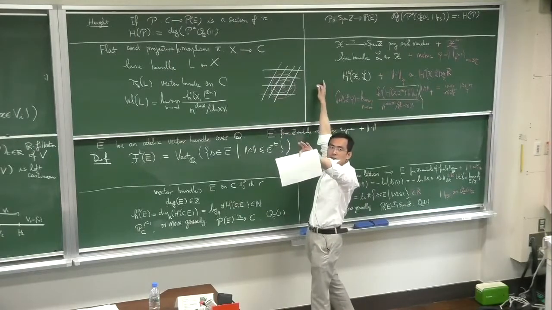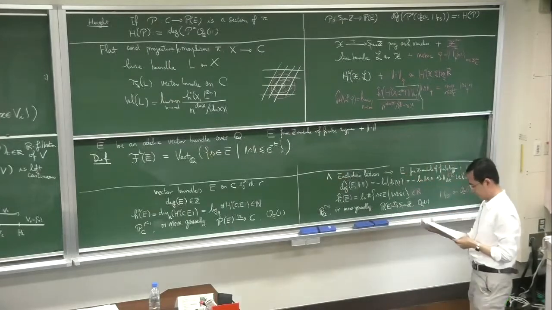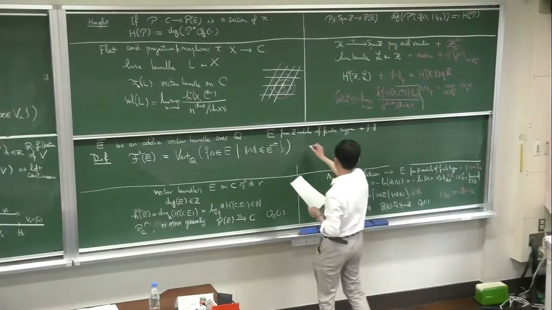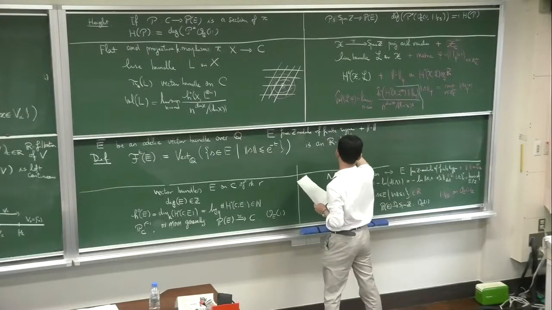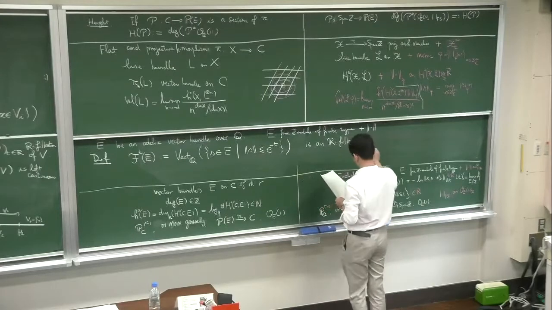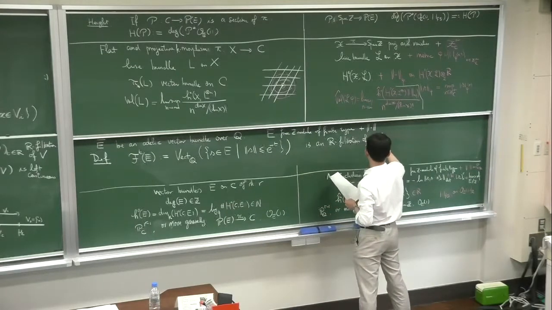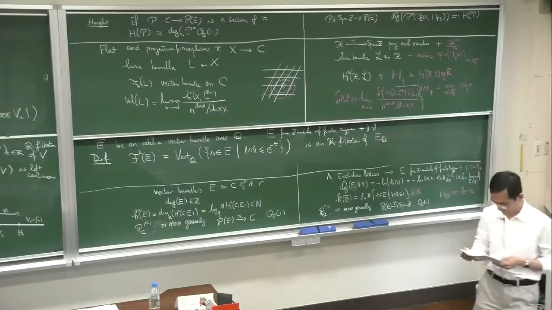And if the radius becomes really large, you find a basis. So this one is an R-filtration of this vector space E_Q.